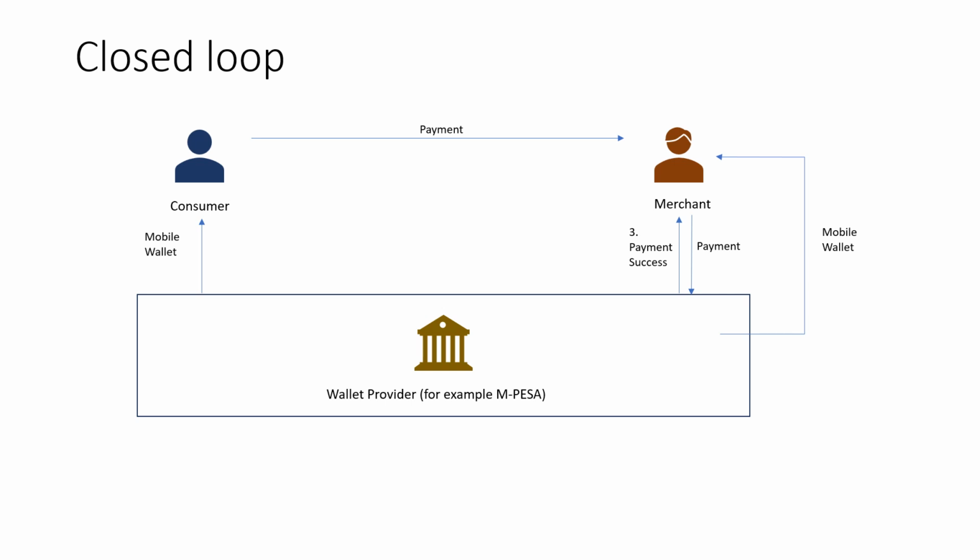So both consumer and merchant have a mobile wallet, and this wallet is provided by a telecom company. All the flow, all the information exchange, everything happens on the same telecom company's network. So that telecom company controls the end-to-end payments value chain, and it makes the whole revenue.